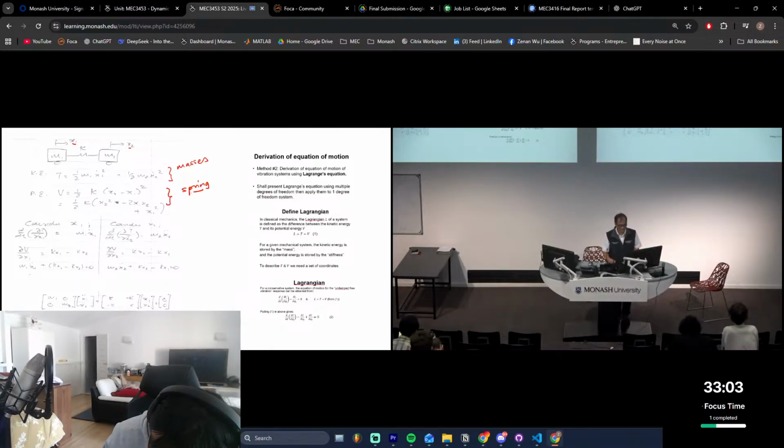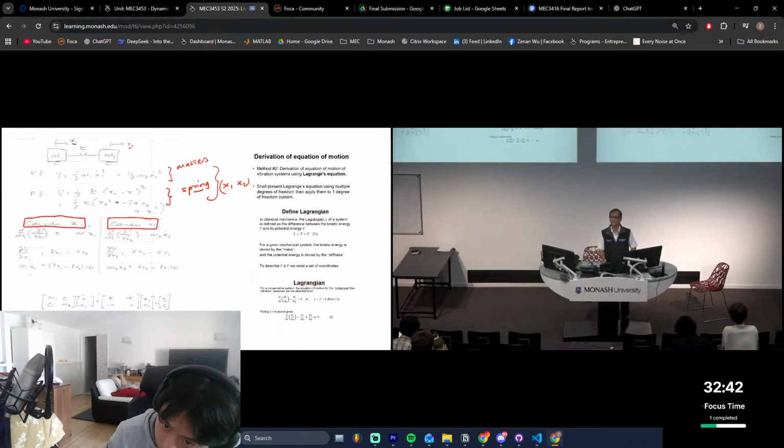Now notice that in this example, we still have x1 and x2, which means that when we are assembling our Lagrange equation, we have to consider x1 and x2 separately.